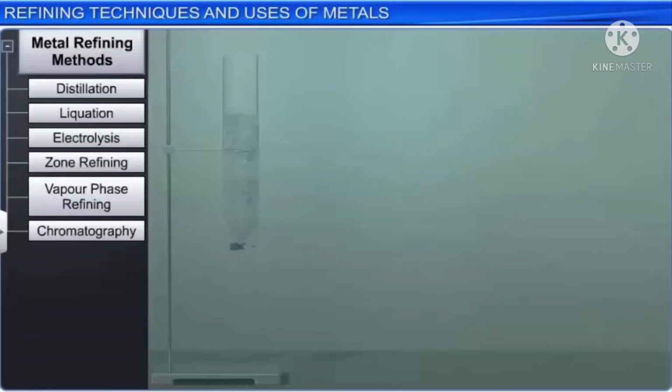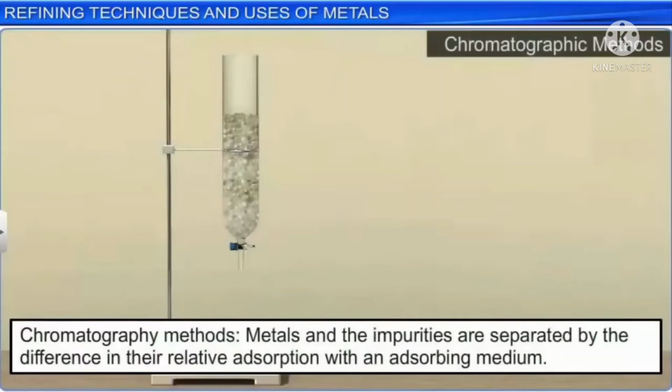Now let's move on to the last refining technique, chromatographic methods. In these methods, the metals and the impurities are separated by the difference in their relative adsorption with an adsorbing medium.